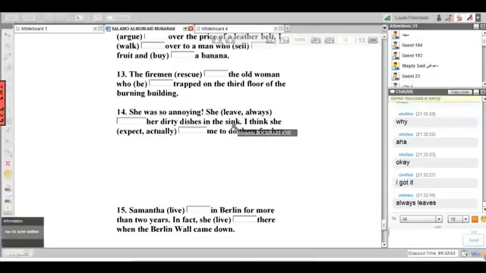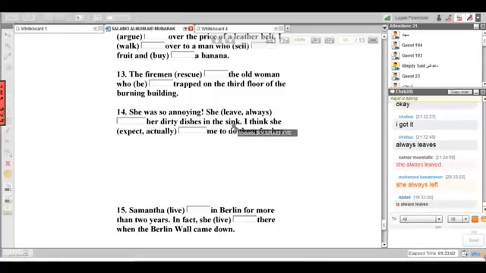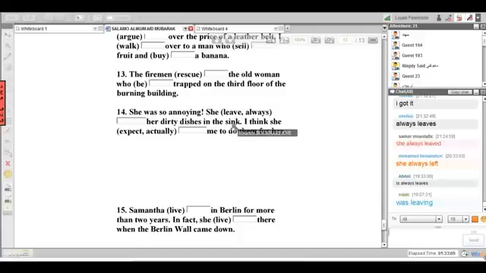Camelia, why we use, excuse me? I can't understand why we use the past with always, sir. Okay, here we use always and we refer to past habits.